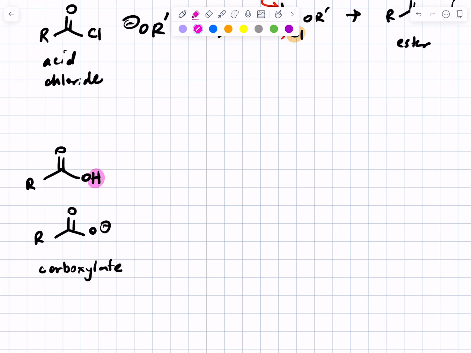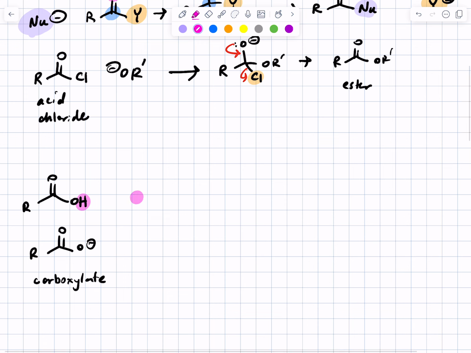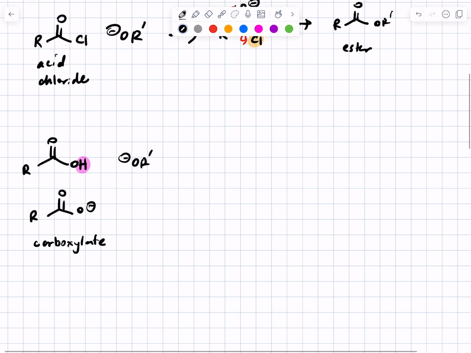So supposing we wanted to make an ester out of a carboxylic acid, let's attempt the approach that we used above with the acid chloride, and you'll see at once why this is a terrible idea. You want, presumably, to make the ester, you would need attack on the carbonyl carbon. But here, carboxylic acids are plagued by the presence of that proton, which has a pKa of around 4.